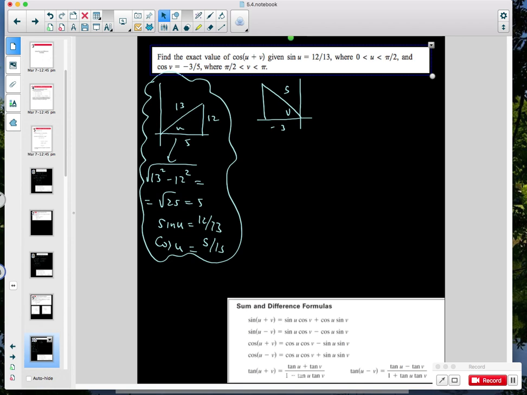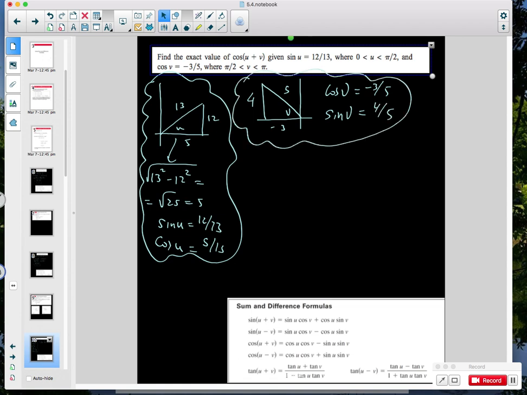It's 4. It's a 3, 4, 5 triangle, so immediately it's a 4. So if cosine of v equals negative 3/5, what is sine of v? Sine is opposite over hypotenuse, which is, Ethan? 4 over 5. Good. So we have everything we need.